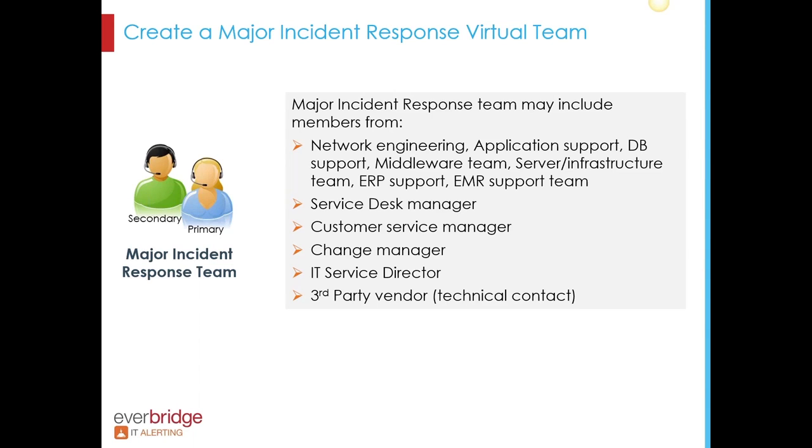If you're running SAP, you may need someone from ERP support, and if you are running hospital operations, you may need a few people from the EMR, the electronic medical record support team, and also include functional people like your service desk manager, people from customer service, because those people are going to be responsible for communicating to impacted customers.